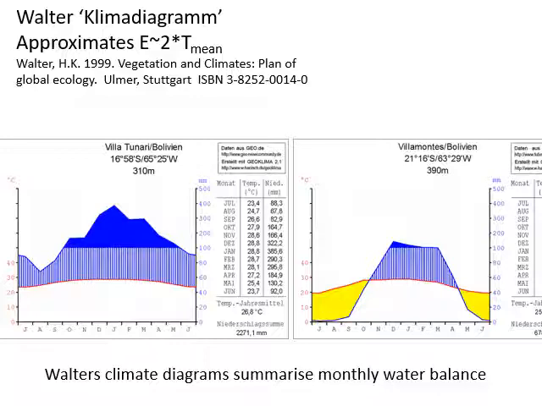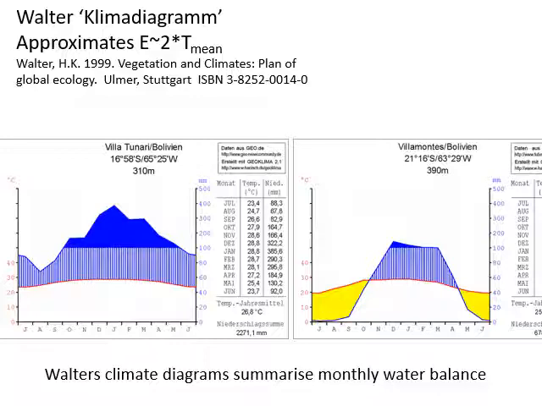So that's on the x-axis. On the y-axis, you have temperature on one side in red, and you have rainfall on the other side in millimeters. And Walter developed a clever way to scale these two things, so that basically, if the rainfall value goes below the temperature value, then the system is probably water stressed. The PET is greater than the rainfall.